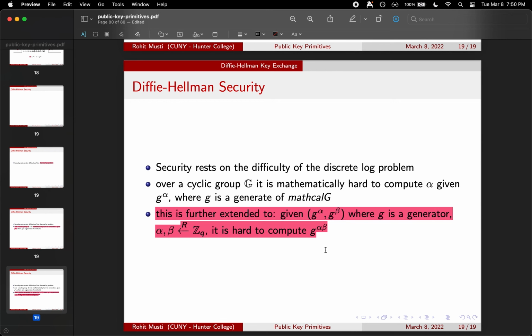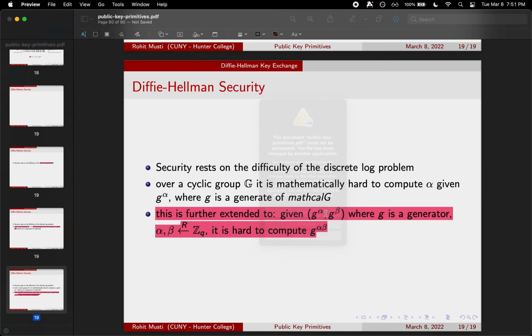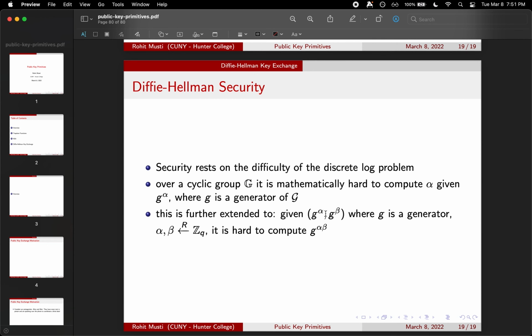A fun little tidbit: if you've ever watched the TV show Silicon Valley, in the final part of the show, one of the main characters, Gilfoyle, says that the AI the company has created has broken cryptography. He says they broke it by cracking a polynomial solution to the discrete log problem.